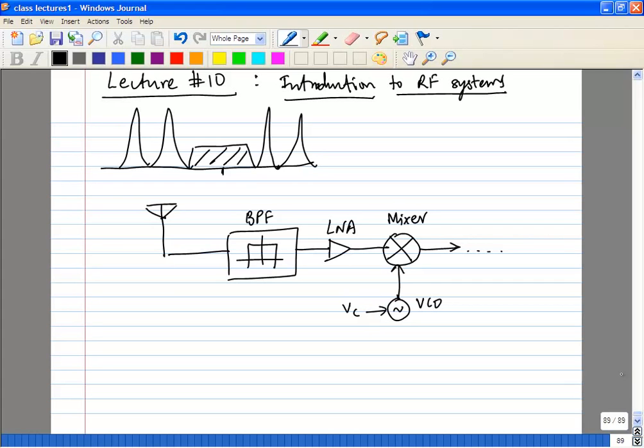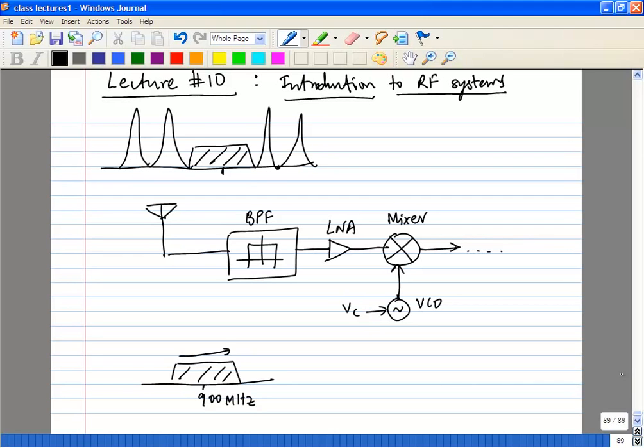Let's consider just this portion now. We saw that you need a band pass filter to clear out the other stuff. Now let's look at the kind of selectivity you might need, with some numbers. Let's say this is your desired signal, at 900 megahertz.